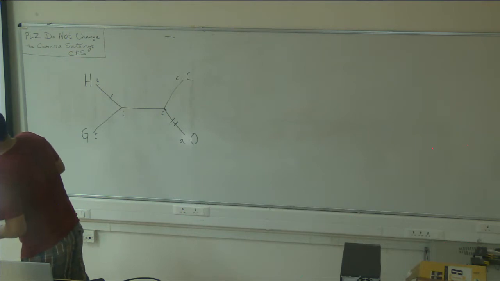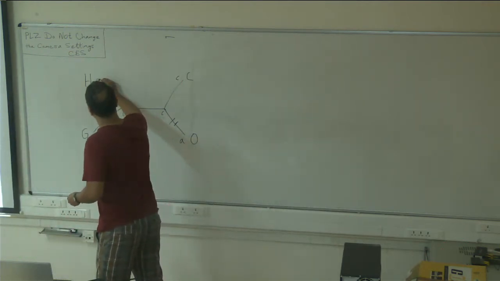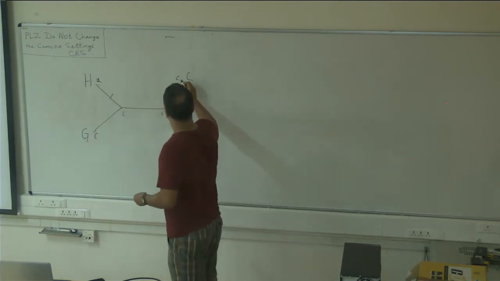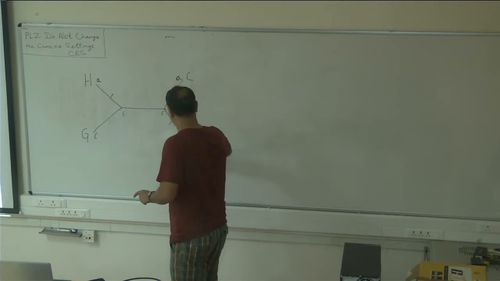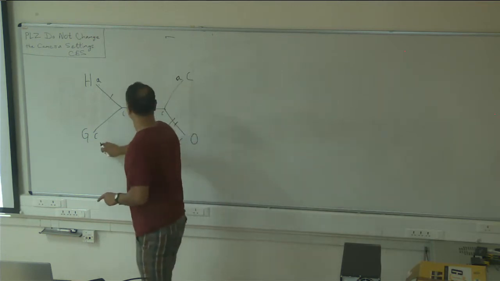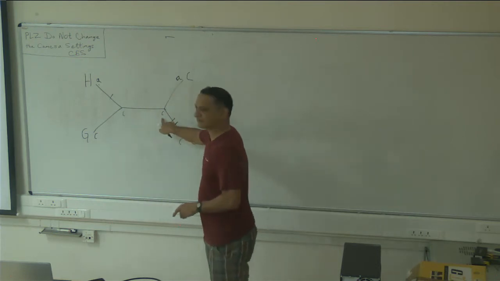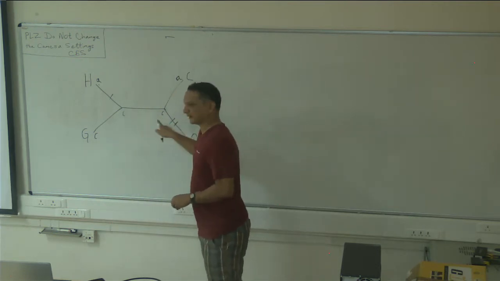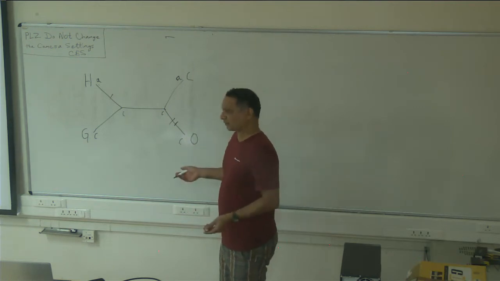What is human, character 4? A. Chimpanzee? A. Okay, this? C. C. So it can either be C or it can be A. Either way it's 2, so we just pick one of them.